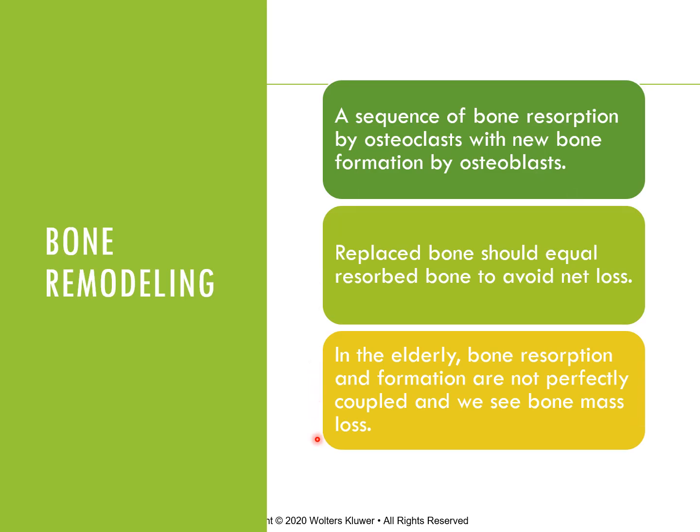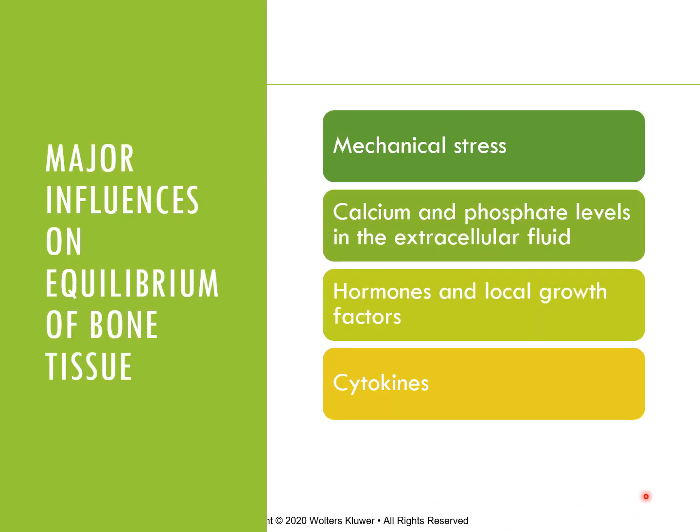So what we see, especially in elderly populations, is that the rate of bone resorption or breakdown and the formation of new bone are not perfectly coupled. And so we get an overall loss of bone mass. Again, equilibrium of bone tissue is that exact coupling of bone resorption and formation that results in a lack of overall bone tissue loss.